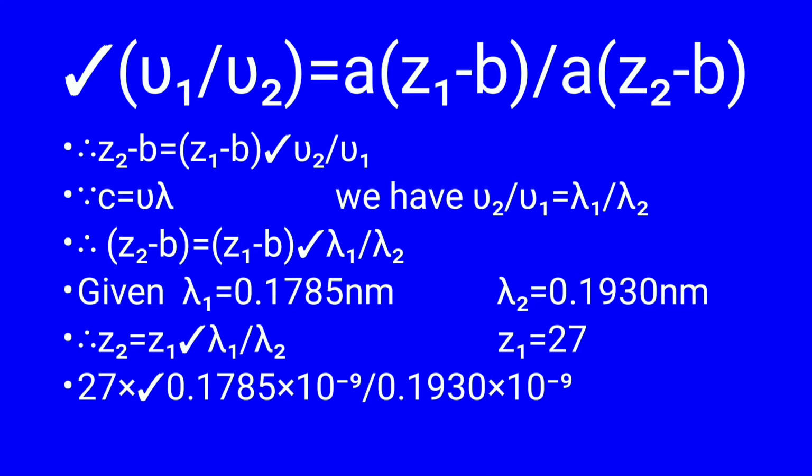Therefore, Z2 equal to Z1 into square root of lambda1 divided by lambda2. From the problem, Z1 equal to 27. Substitute the given values lambda1, lambda2, Z1 in the equation. We get 27 into square root of 0.1785 into 10 power minus 9 divided by 0.1930 into 10 power minus 9. 10 power minus 9 and 10 power minus 9 cancel out.